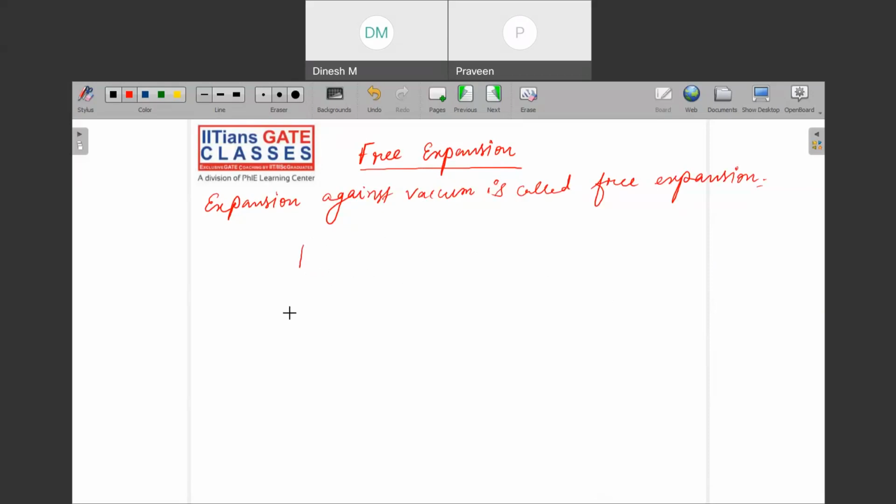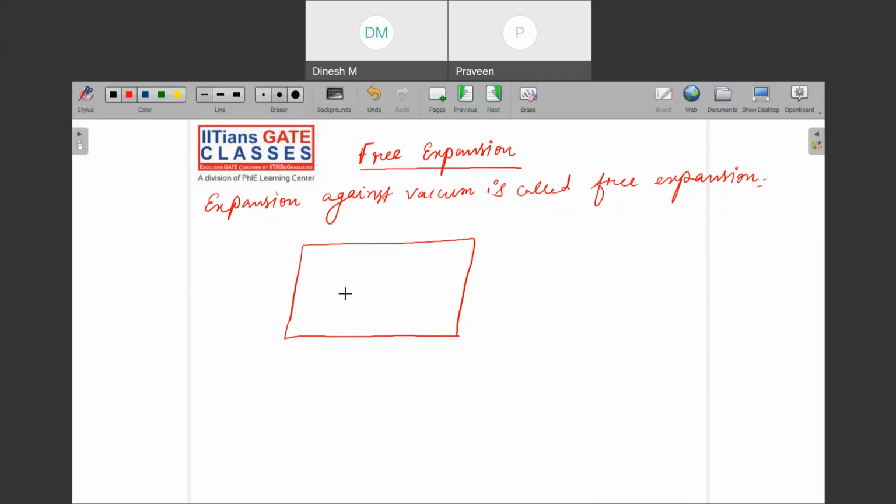Whenever you are trying to expand some gas, the neighboring gas molecules will try to oppose its expansion, right? Expansion means that you have compressed something and now you are trying to make it free.